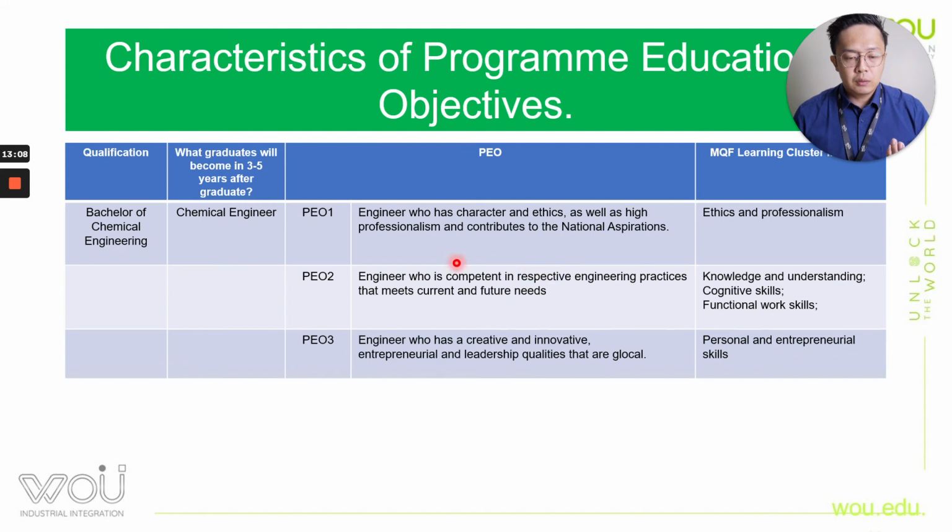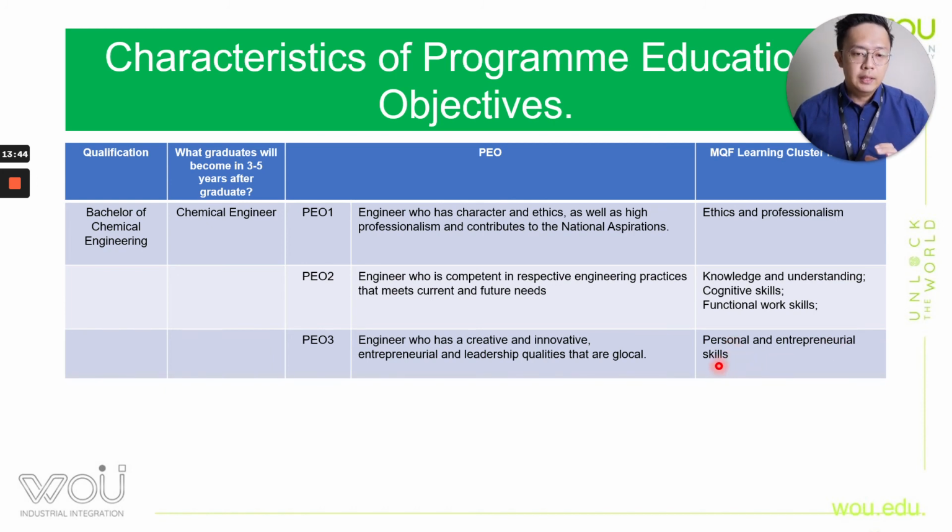So this is represented by one keyword over here, competent in engineering practices, that I think has met these three MQF learning clusters. And the last one: engineer who has creative and innovative entrepreneurial and leadership qualities that are global and local. So this is represented by personal and entrepreneurial skill as well, indicated by the entrepreneurial leadership qualities that they are demonstrating. So you can see that the third PEO is also mapped to the MQF learning cluster.